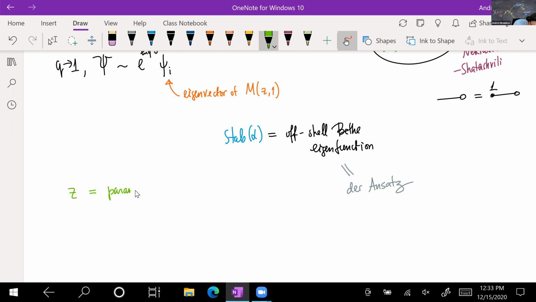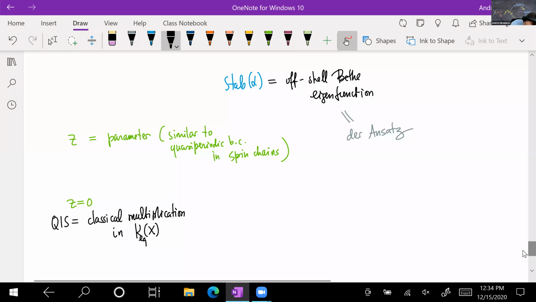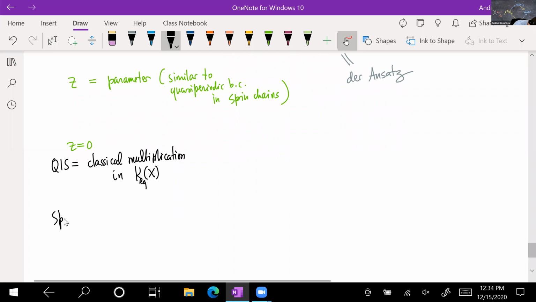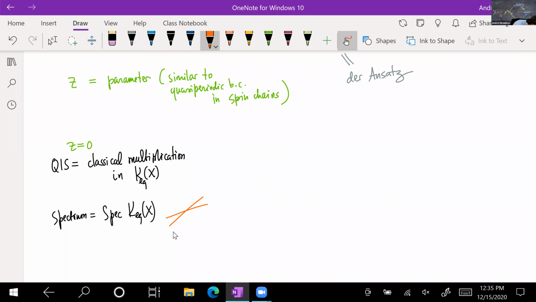In the case here of X, this is the spectrum of equivariant K-theory of X. So this is one of the things which we draw all the time, the spectra of all the things that look like that. So maybe I'll draw a better picture.